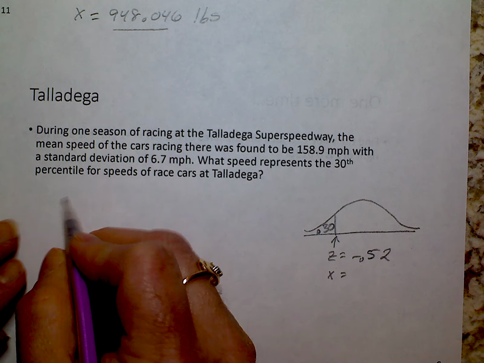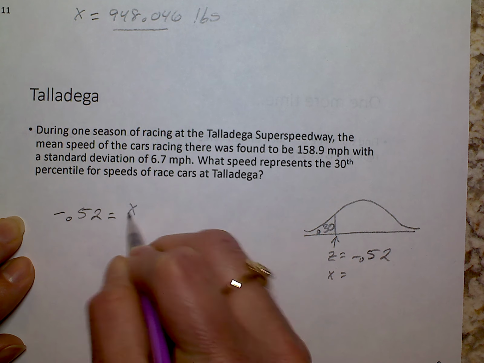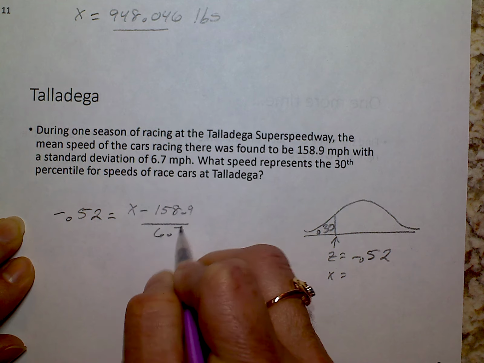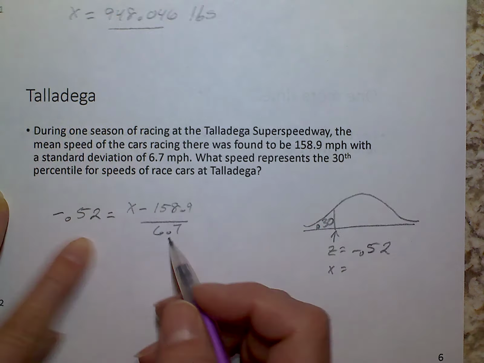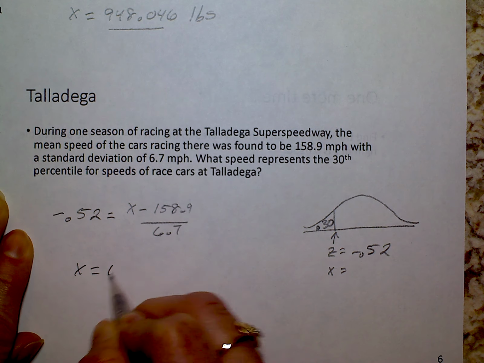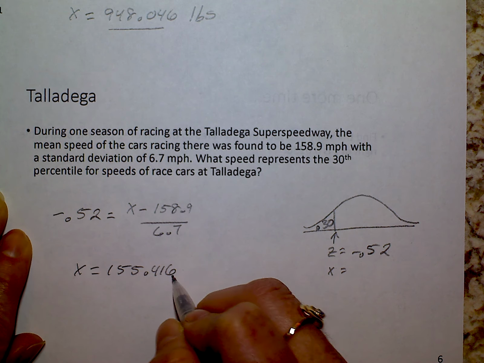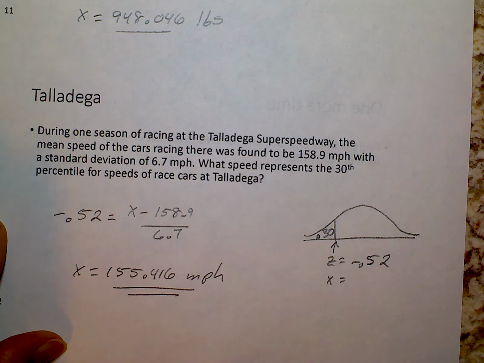Okay, so I use my formula, z equals x minus mu over sigma, and I solve for x. Here's where we find out if you got the right answer. I got 155.416. This is the speed of the car. Huzzah.